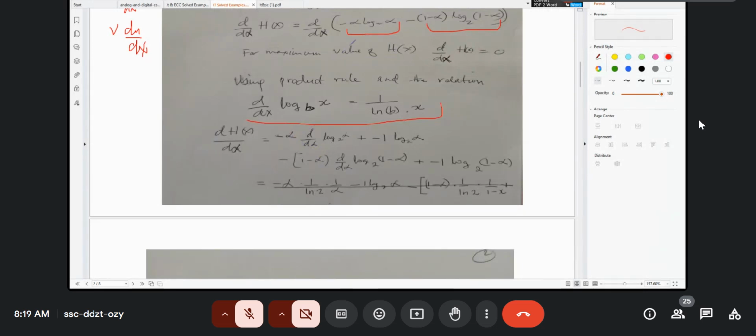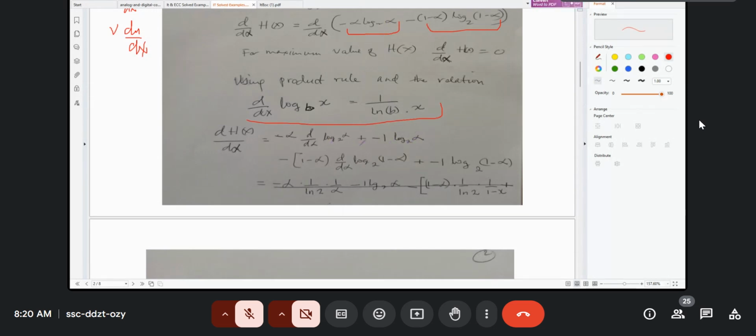The first one is minus alpha d/d alpha of log 2 alpha, plus the derivative of minus alpha, which is minus 1, times log 2 alpha.